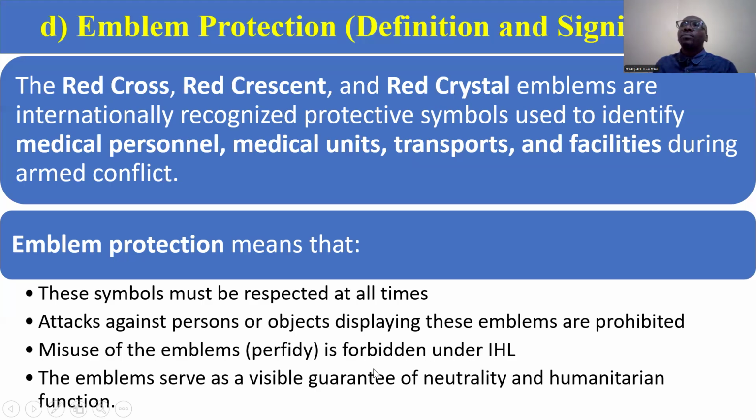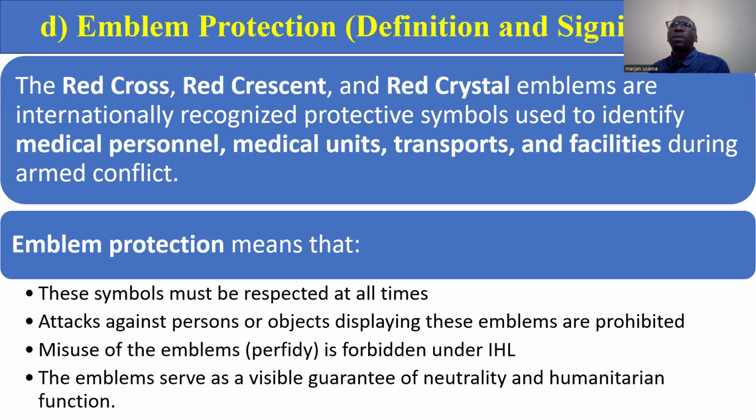Some people put the sign, but inside you find the police or the military. So they are using the ambulance as their vehicle to attack people. It's not allowed in the international humanitarian law. And it happens a lot during the time of war.